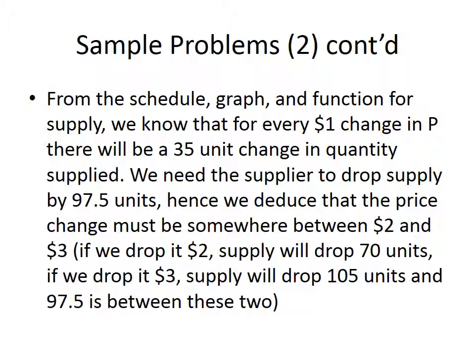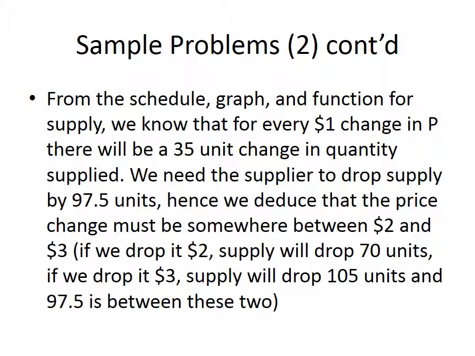Okay? Well, let's think about this. If we dropped the price $2, that would drop the willingness of the supplier to supply 70 units, right? Can we figure that out? For every dollar change, there's a 35 unit change in supply. So if we dropped it $2, it would drop supply by 70 units. If we dropped it $3, it would drop supply by 105 units.